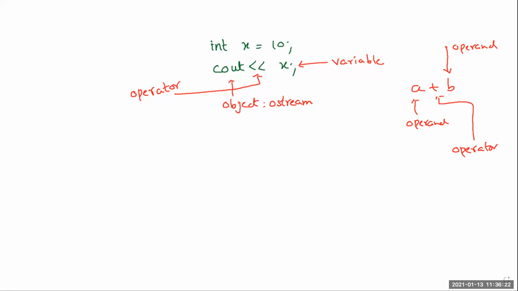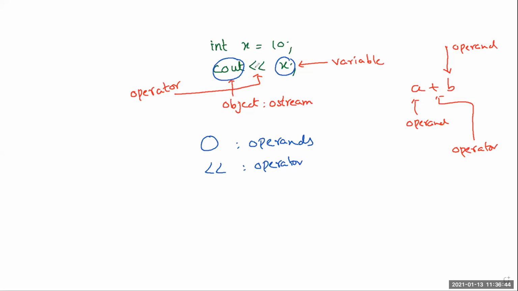Now if you compare this with cout, it is more or less similar, right? On the right side and on the left side, you have operands. Okay, so these blue things, they are actually your operands, and this is your operator.